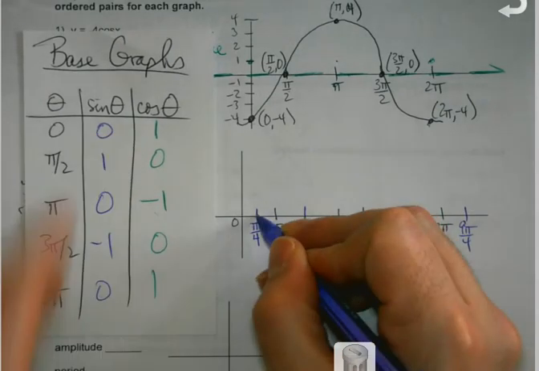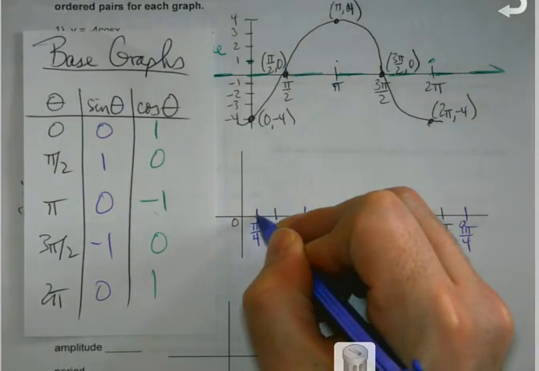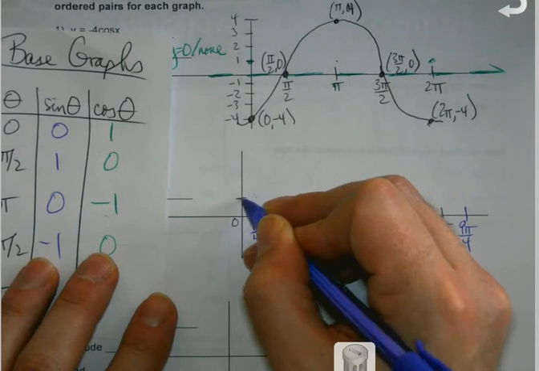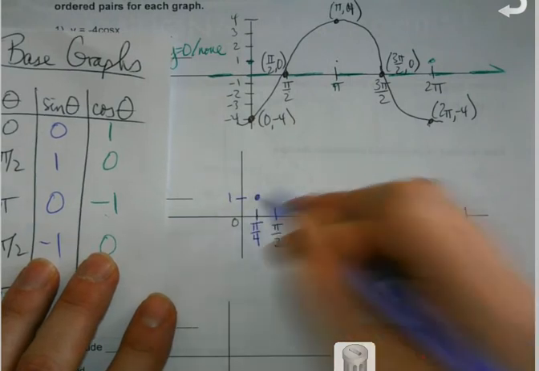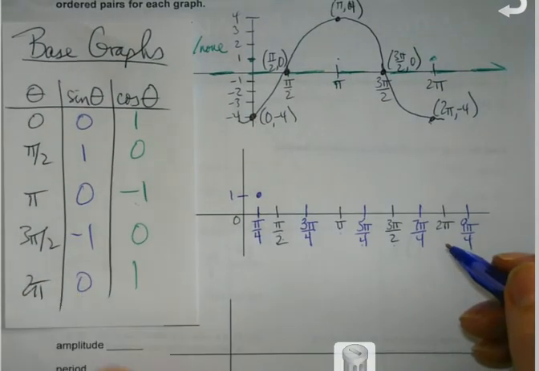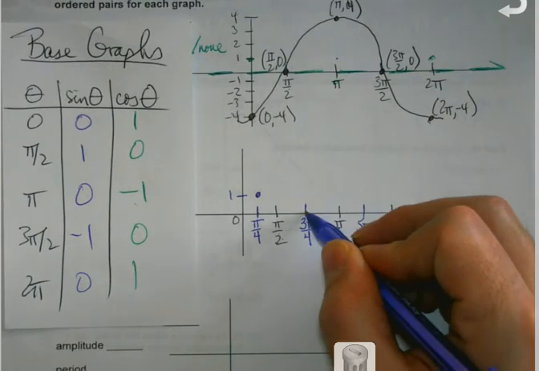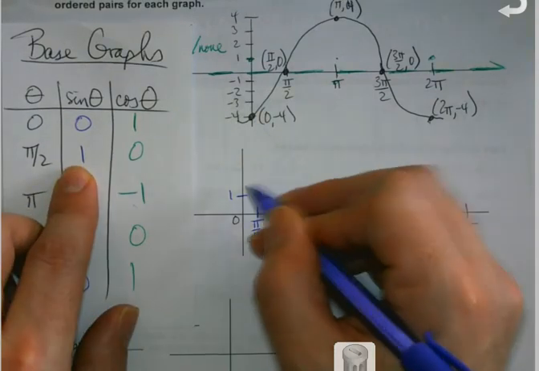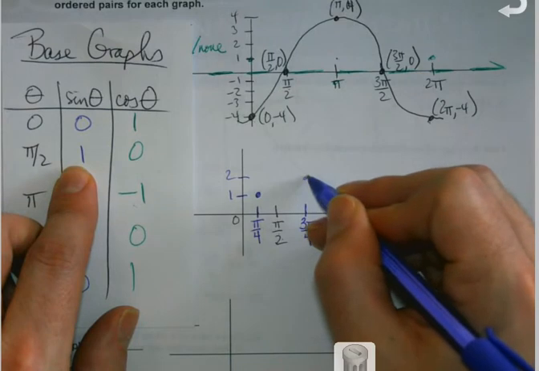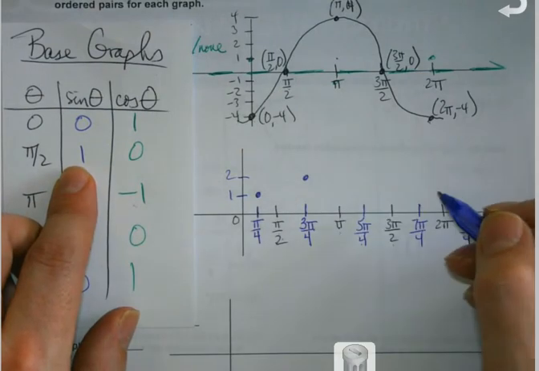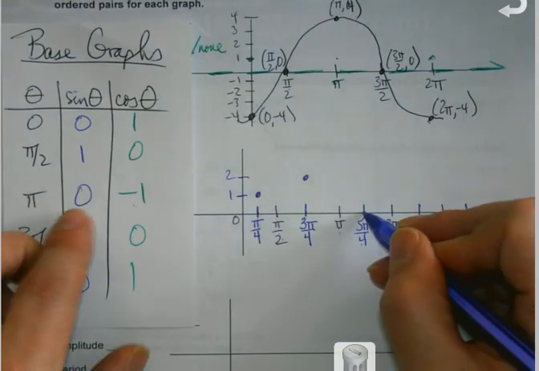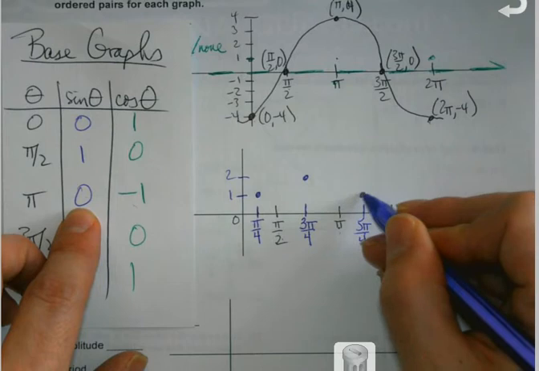So instead of pi over 4, which is my new first point, being at 0, it's going to be at 1. 3 pi over 4, which is now my second point, instead of being at 1, it's going to be at 2. At my third point, instead of being at 0, we're back up to 1.